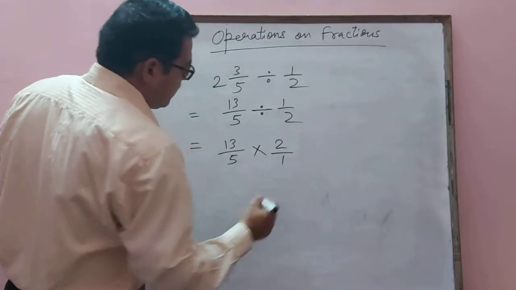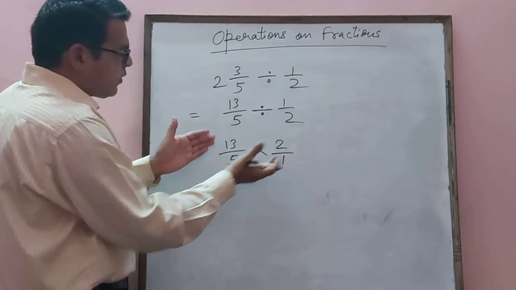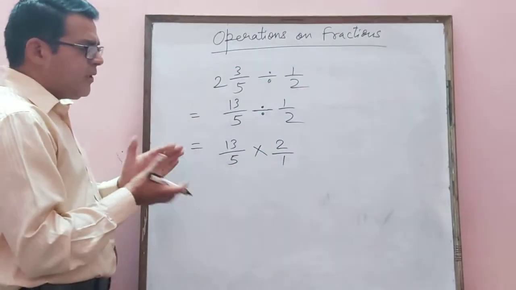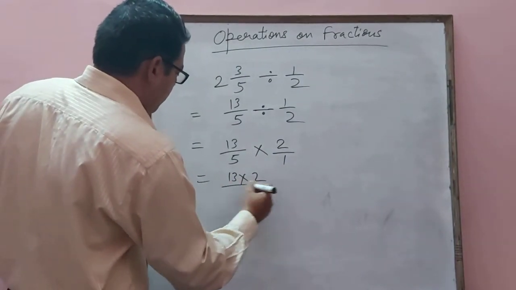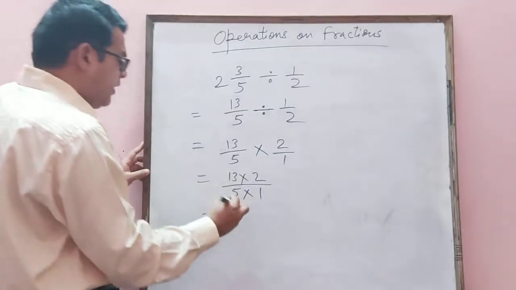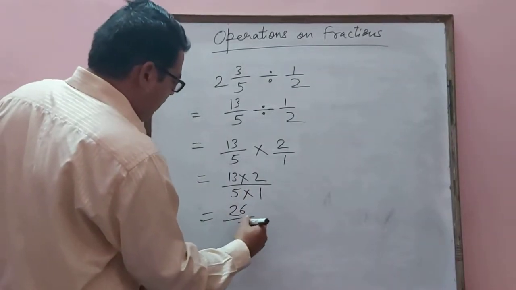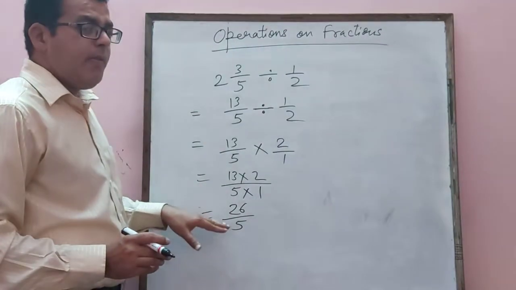It is 2 by 1. Now you can see nothing is common here. We are unable to simplify it, so we can directly multiply. Numerators with numerators and denominators with denominators. Now 13 times 2 is 26, and 5 times 1 is 5. So we'll have here 26 by 5.